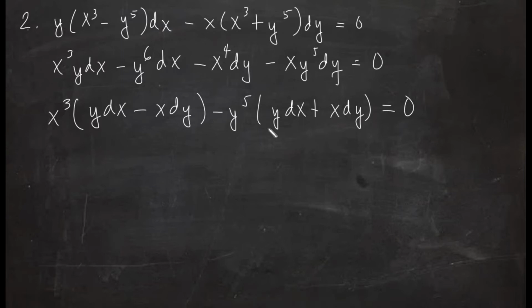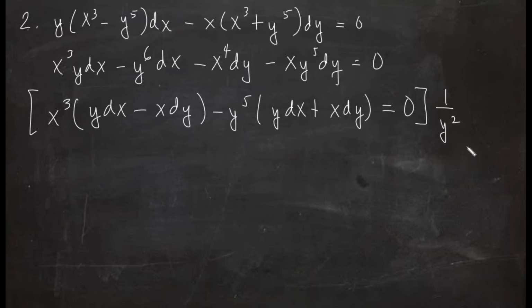Now it's clearly seen here that this is already the differential of xy, while this one would lack y squared, or 1 over y squared, for it to become the differential of x over y. So we will borrow from our y to the fifth.